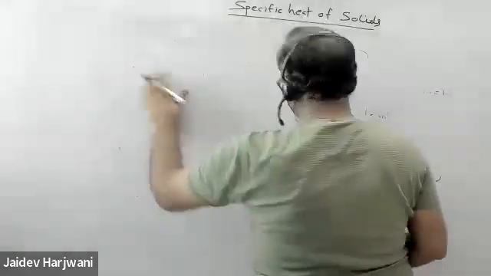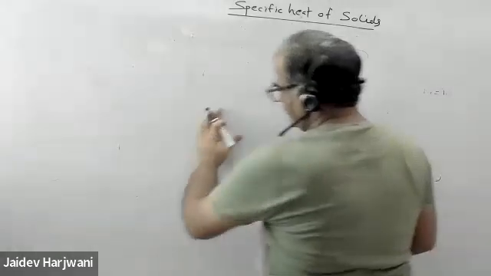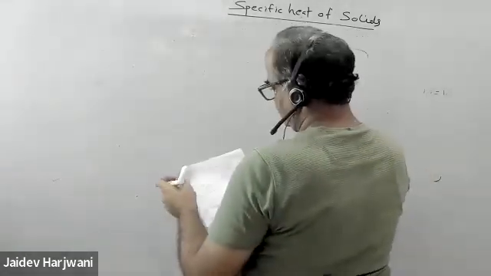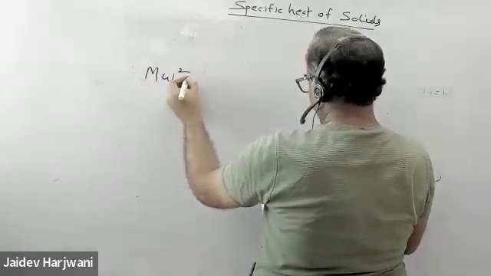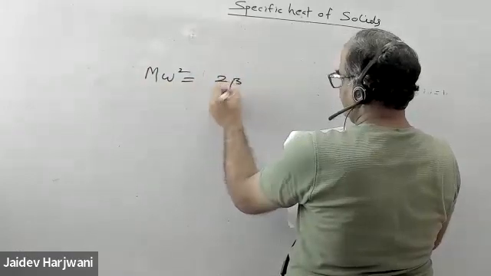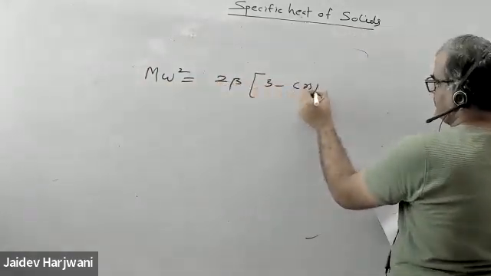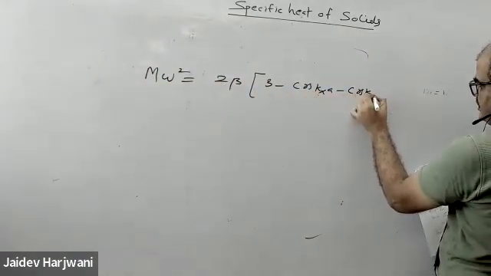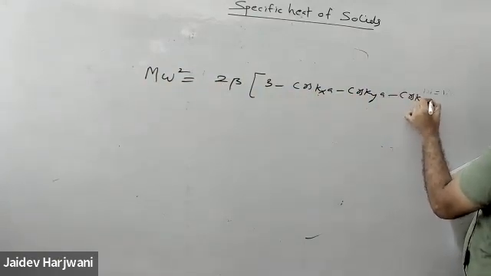Now we are given the well-known dispersion relation, which we have been using for quite some time. They are given m omega square equals 2 beta times 3 minus cos kxa minus cos kya minus cos kza.